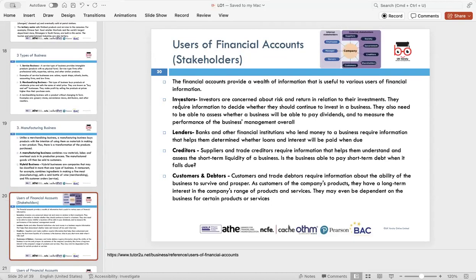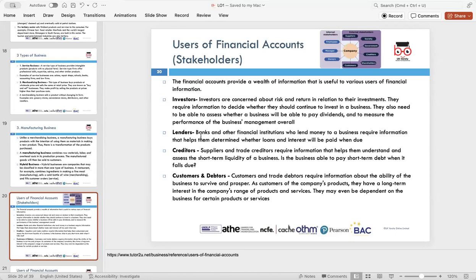Use of financial accounts by stakeholders. The financial information offers a copious amount of information that can be of great assistance to a wide range of individuals who utilize financial information: investors, lenders, creditors, customers, and debtors. Investors are concerned about the risk and returns associated with their investment.